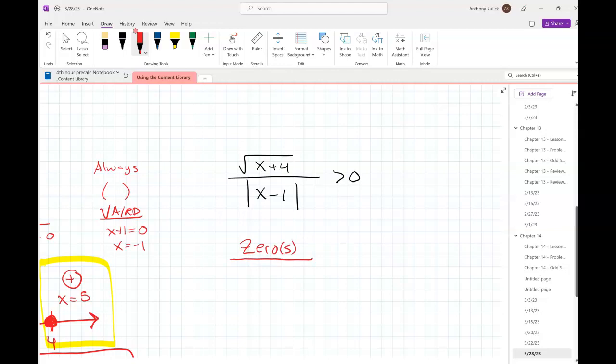All right. Let's find the zeros first. Will I be using a parenthesis or a bracket for the zeros? Parenthesis, because it's a strict greater than inequality. So what am I setting equal to 0 to get the zeros?